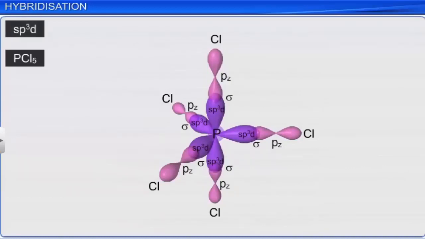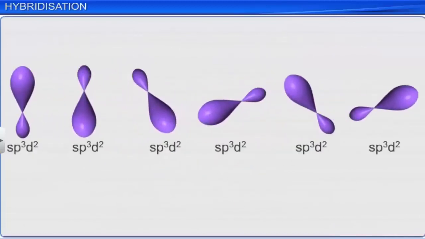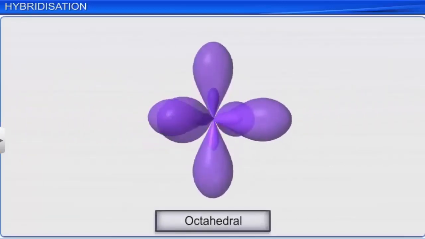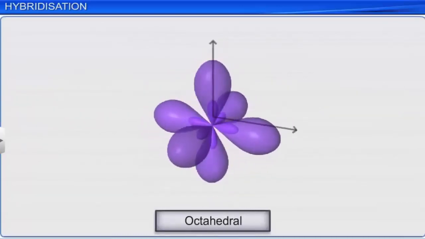In sp3d2 hybridization, one s orbital, three p orbitals and two d orbitals combine to form 6 sp3d2 hybrid orbitals of equivalent energy. They have an octahedral arrangement and a bond angle of 90 degrees between the orbitals.